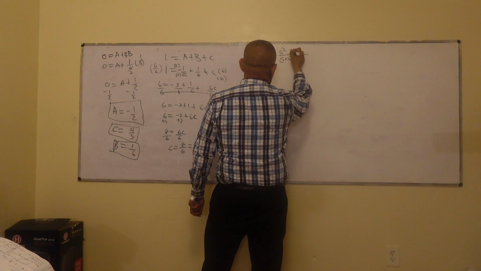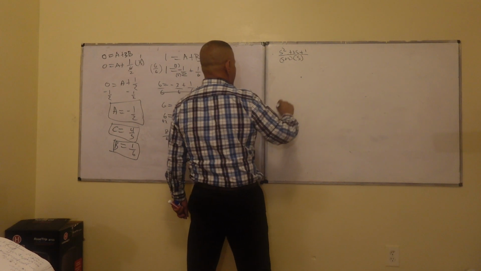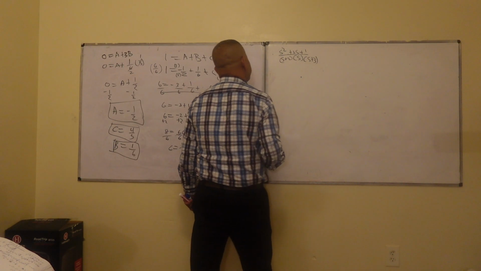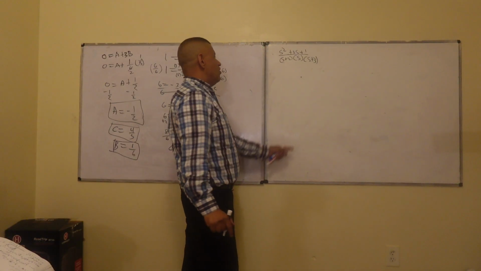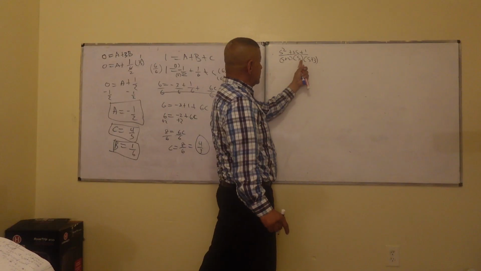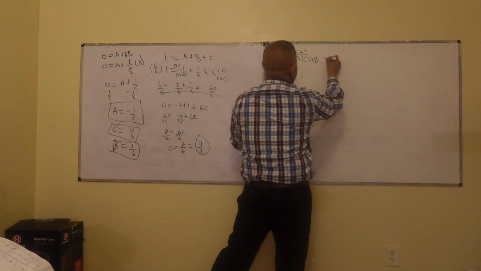And at the top I have plus 2s plus 1. Okay, but over here I had an s plus 3. Okay, look at this. This is a positive. This is over 1. So when I factor this guy, this becomes 1 over.